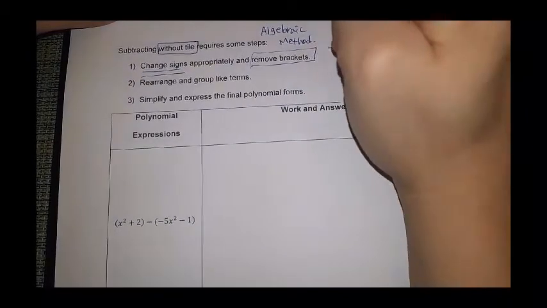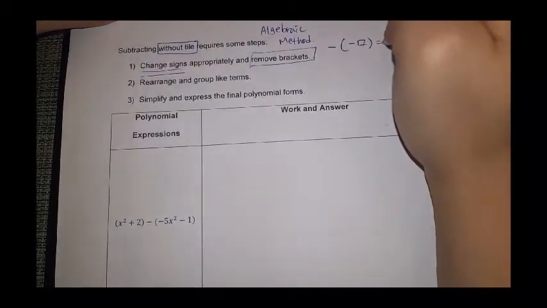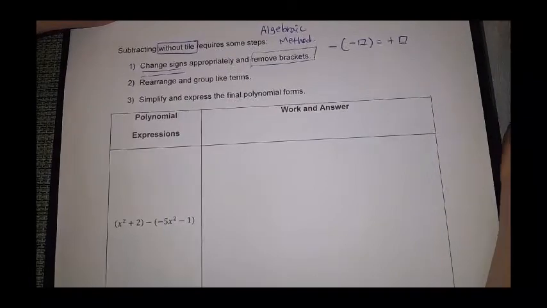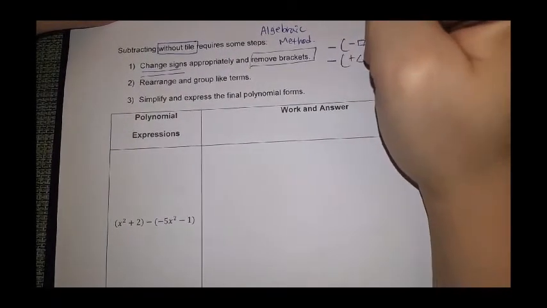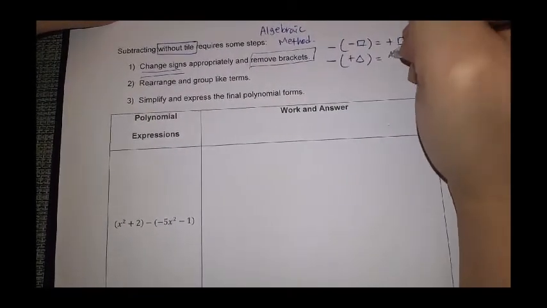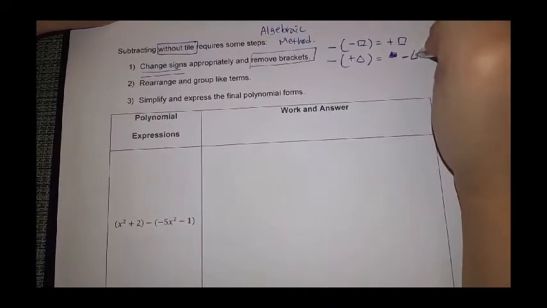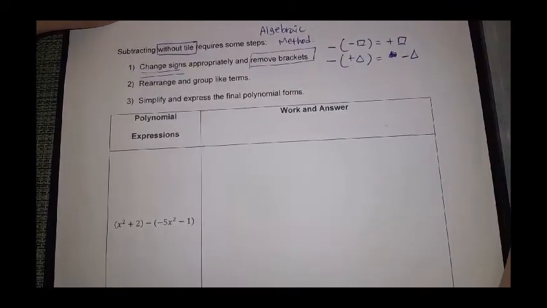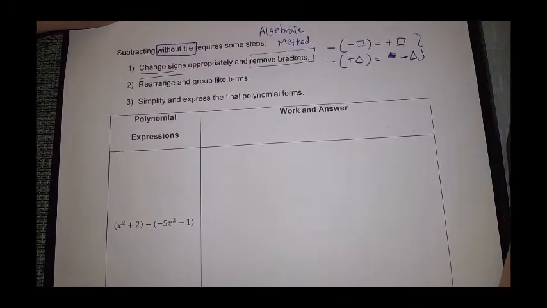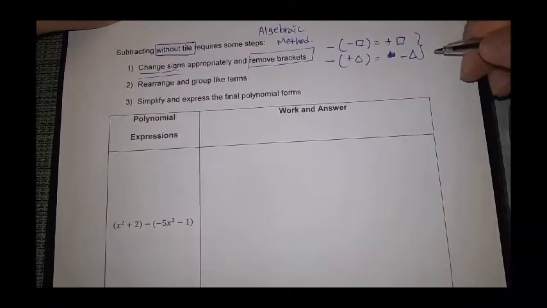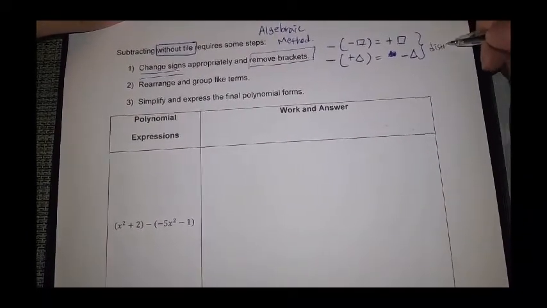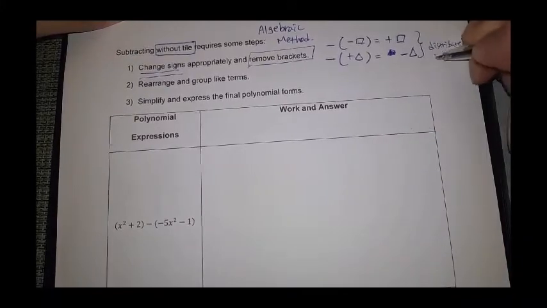For example, if I have negative and negative, that means it's positive. If I have negative and positive, that means, whoops, you have negative as a net sign. These two are what we need to expect when we distribute signs.